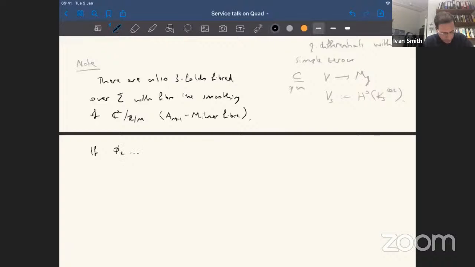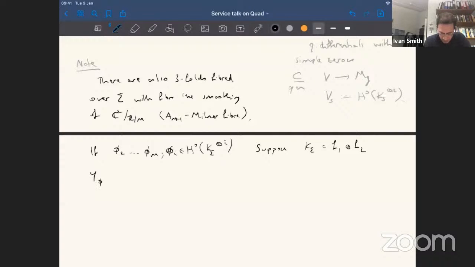So if I now have phi 2 up to phi m, where phi i is a section of the ith tensor power of the canonical bundle of sigma. And let's suppose that I've fixed some way of writing the canonical bundle of sigma as L1 tensor L2 for line bundles L1 and L2.